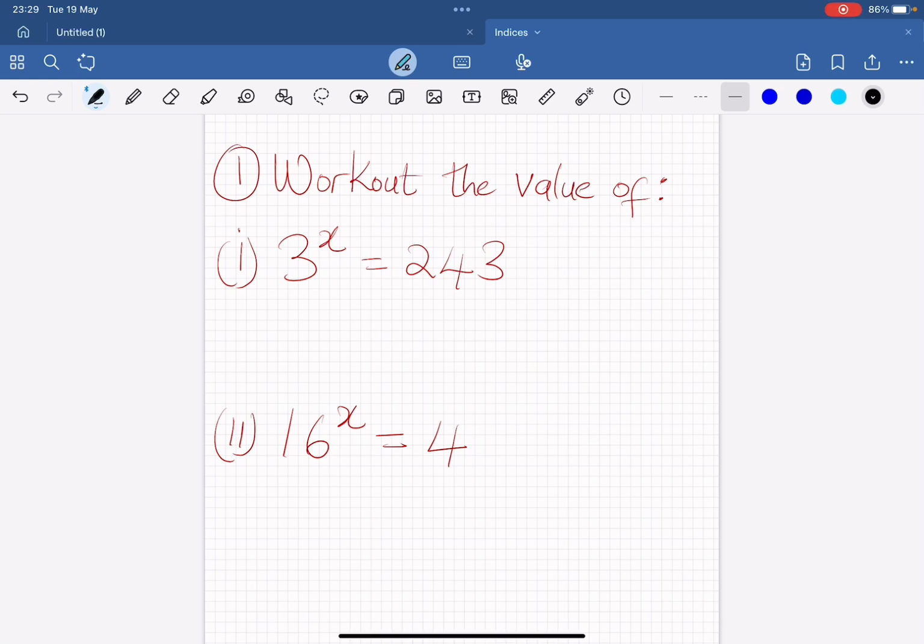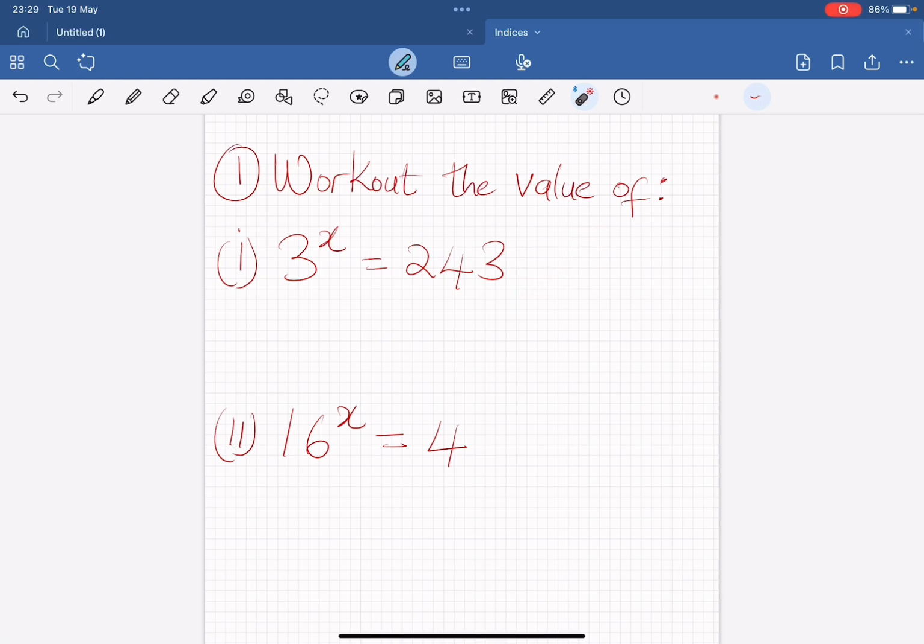And what you should know about exponential equations is that if you have 3 to the power x and 243, the first thing is to try and force the 243 to be 3 to the power something.